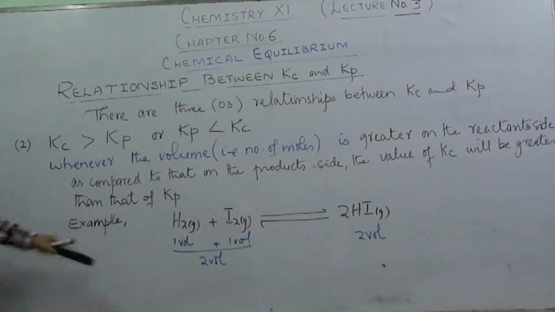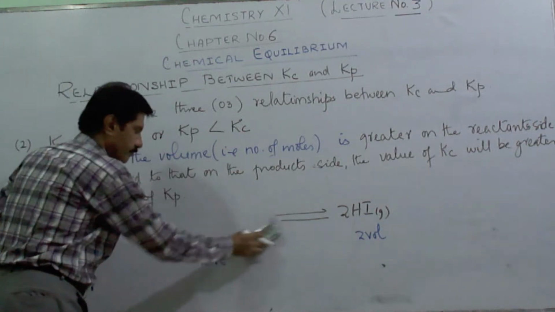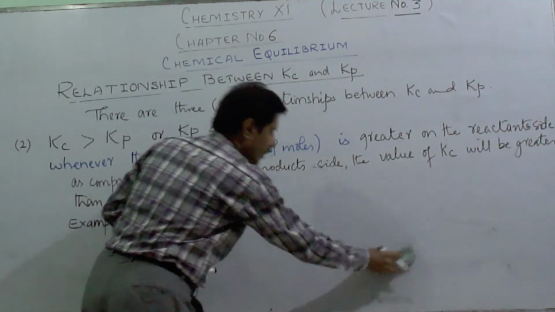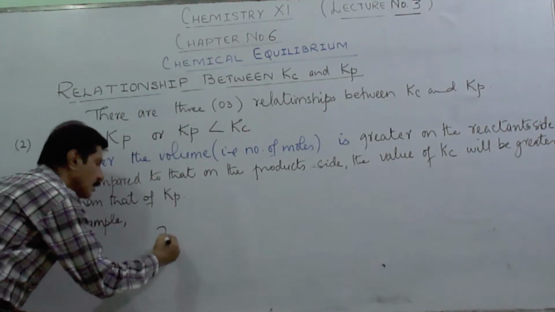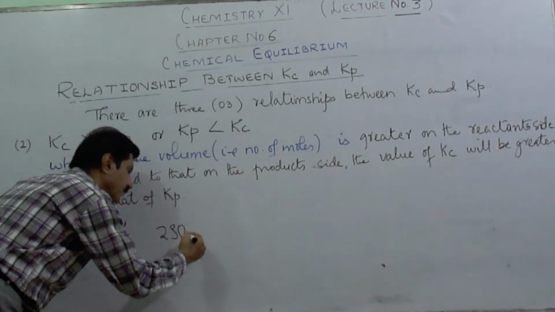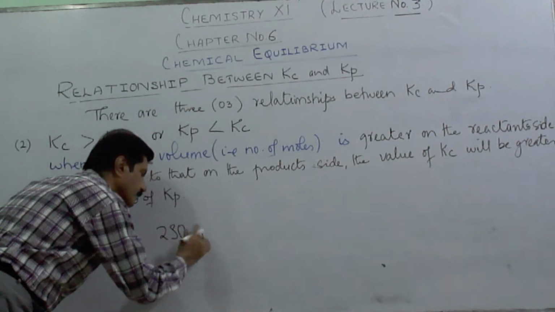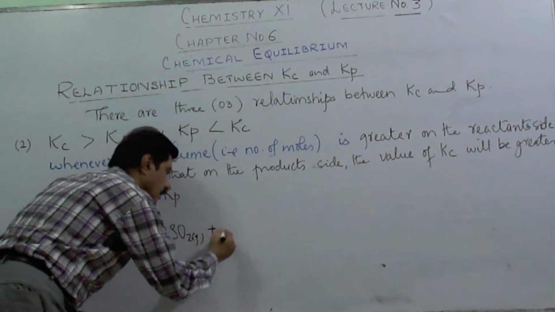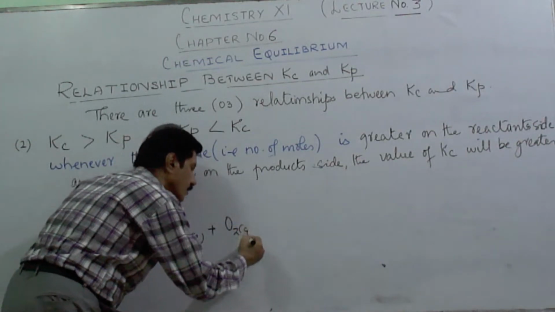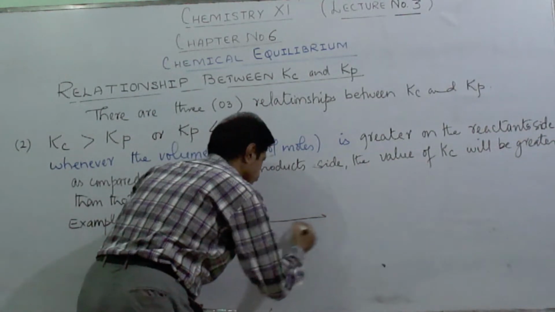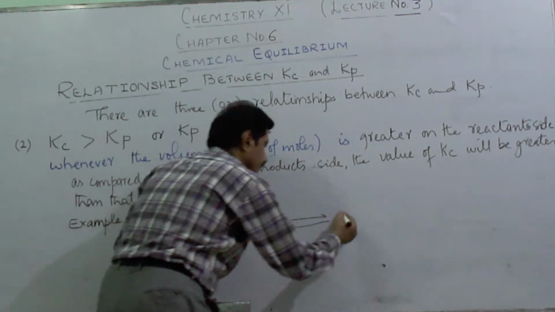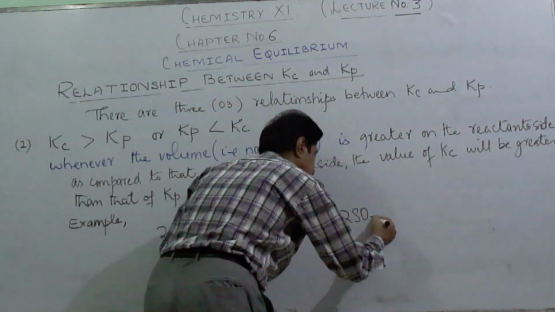Now in this case, if I quote an example, two moles of sulfur dioxide gas are oxidized or burnt with 1 mole of oxygen gas to give 2 moles of sulfur trioxide gas.